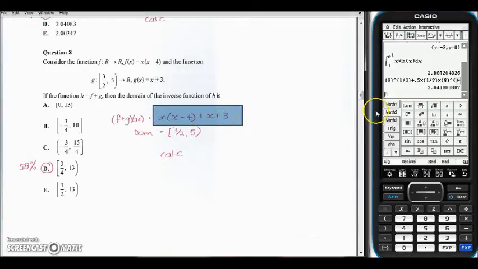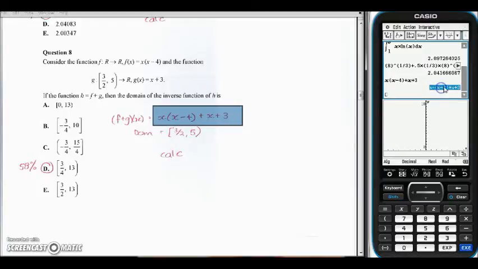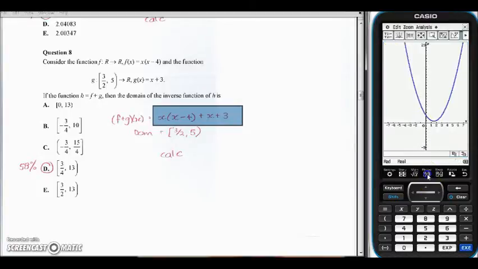So I'm just going to sketch it. x squared minus 4 plus x plus 3. I'm going to hit the graph button, drag it on, resize. My window's pretty okay at the moment. So let's have a look.